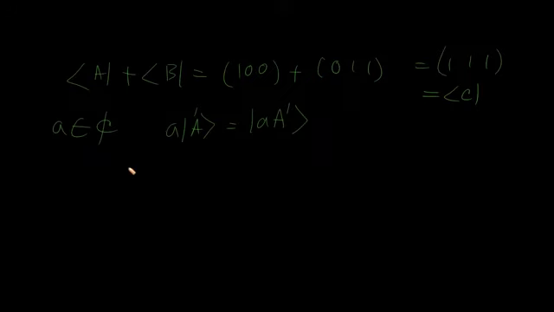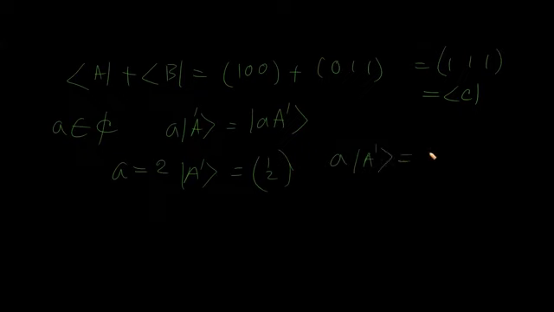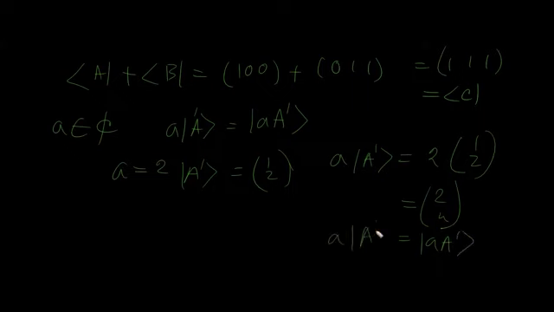Let's say small a equals 2, and A prime is a 2 entry column vector, that is 1, 2. Then a times A prime is just 2 times 1, 2. You have to multiply by 2, but then again this is just A prime, right? That is how we can write scalar multiplication, and this is also a property.